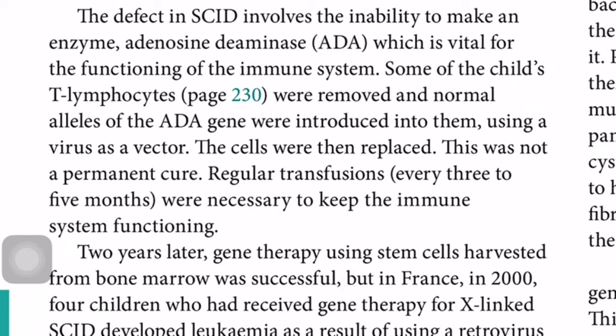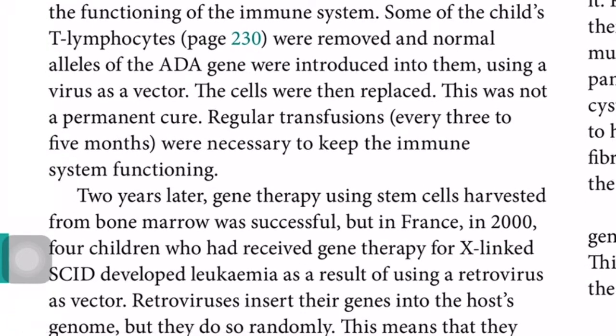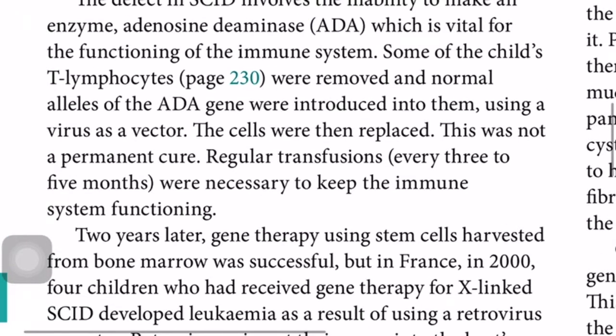The defect in SCID involves the inability to make an enzyme, adenosine deaminase, which is vital for the functioning of the immune system. Okay, some of the child's T lymphocytes were removed and normal alleles of the ADA gene were introduced into them using a virus as a vector. T lymphocytes produce this ADA enzyme, and since the genes of the child's T lymphocytes are faulty, they cannot produce this enzyme.